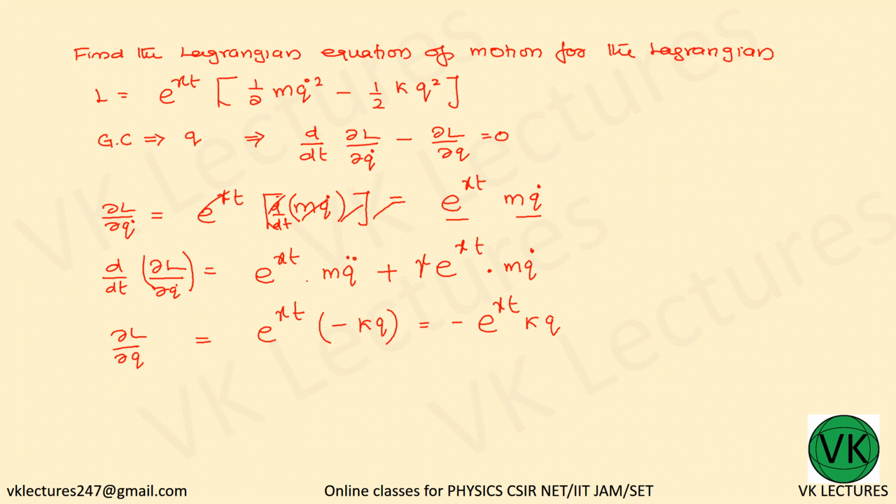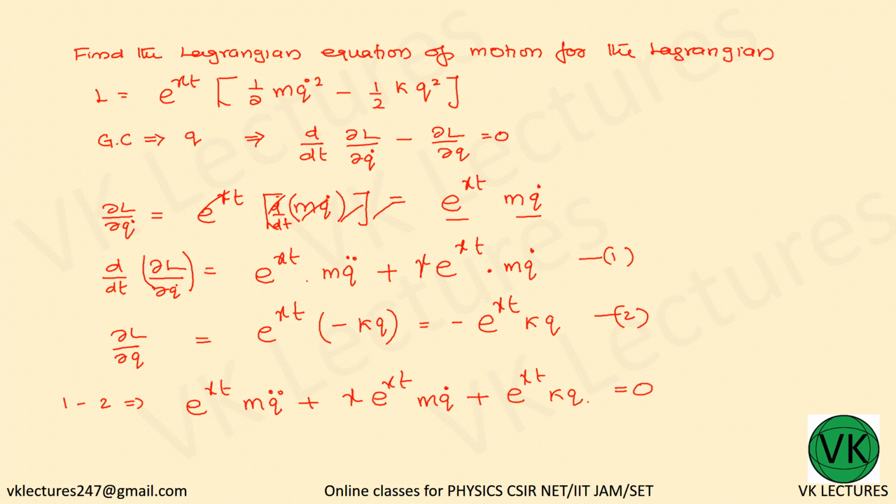So equation 1, 2, so 1 minus 2 gives us the equation of motion, that is e to the power gamma t into mq double dot plus gamma times e to the power gamma t into mq dot plus e to the power gamma t into kq equal to 0.